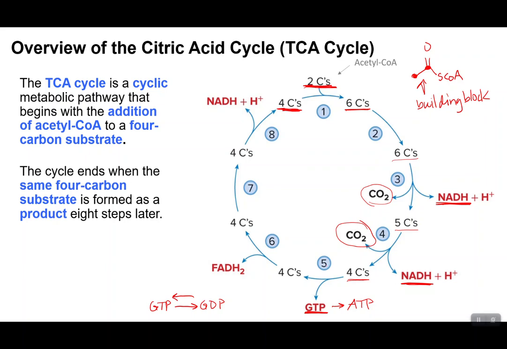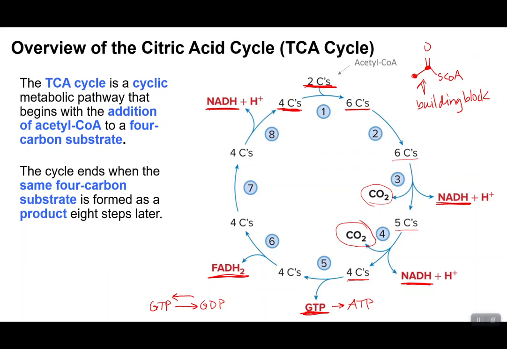So what is happening here in step 5 is that we are carrying out a reaction where GTP is able to be produced. In the next step, we're going to generate another important coenzyme, which is going to be this FADH2 that will also feed into the electron transport chain. And then over here in the very last stage 8, we are going to produce another NADH molecule.